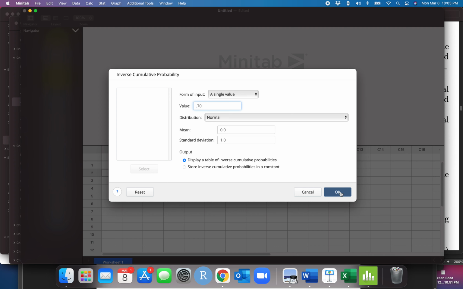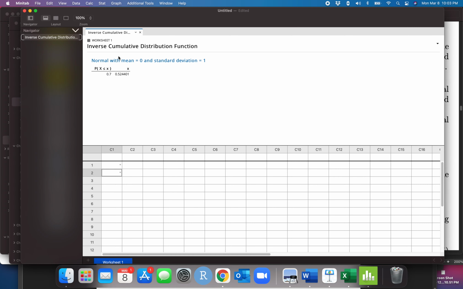When I click OK, it gives me some output, and if you read it, you can understand what's going on. It has the probability statement. Usually, with a regular probability calculation, it would say x first, and then tell you the probability. Now it's doing it backwards.